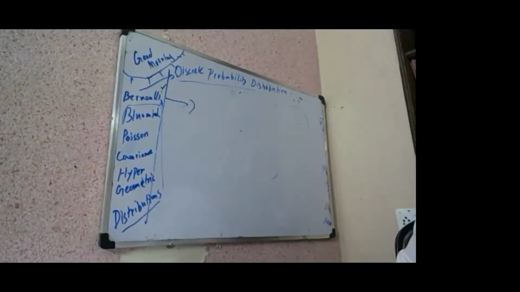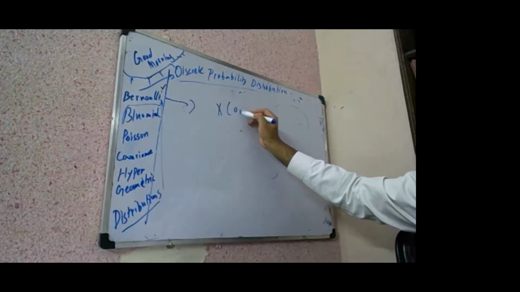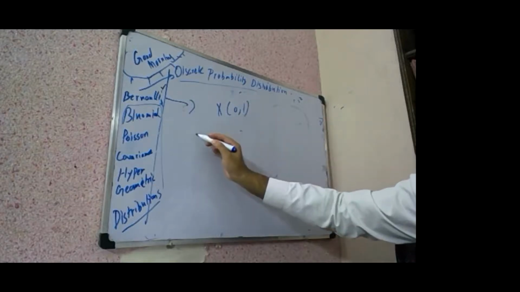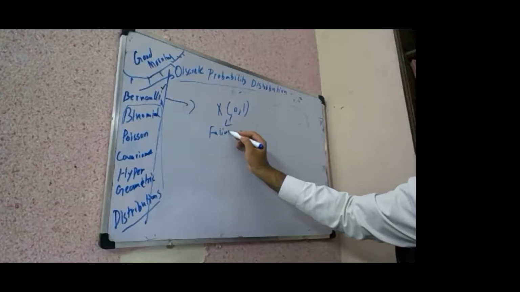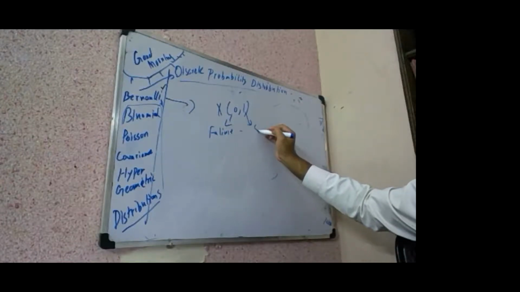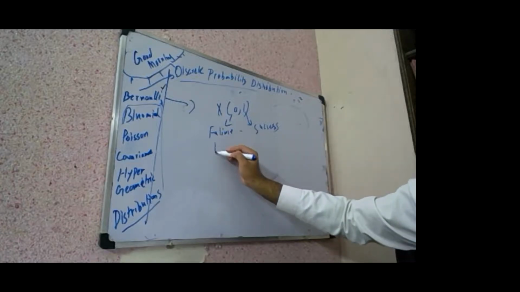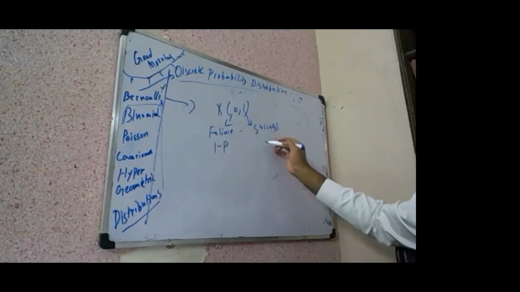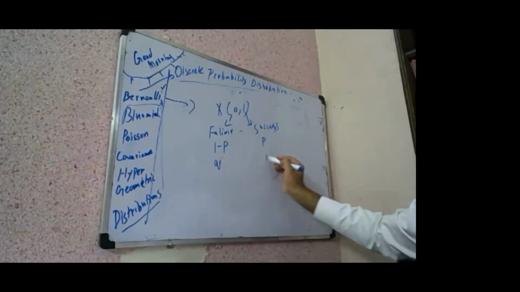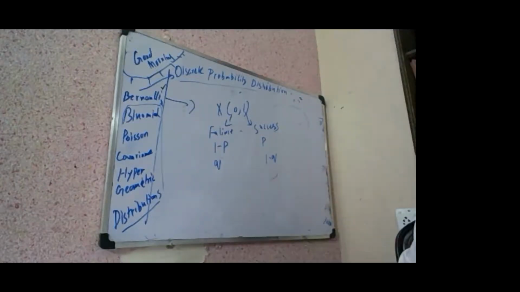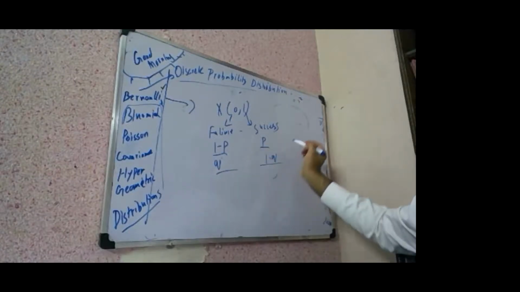So what I'm saying is that we know the outcome. So x can be 0 or 1, right? 0 means failure. 1 means success. So 0 means failure, probability 1 minus p, and this is p, or q and 1 minus q, right? So together we can say the sum is 1.